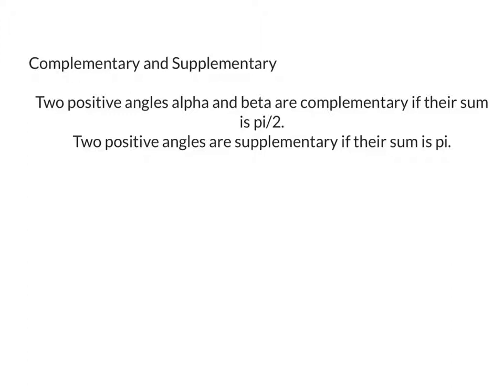Complementary angles, we know, are typically between 0 degrees and 90 degrees. And remember, for right now, because we're still trying to get used to the vocabulary and the numbers, that means from 0 to pi over 2.